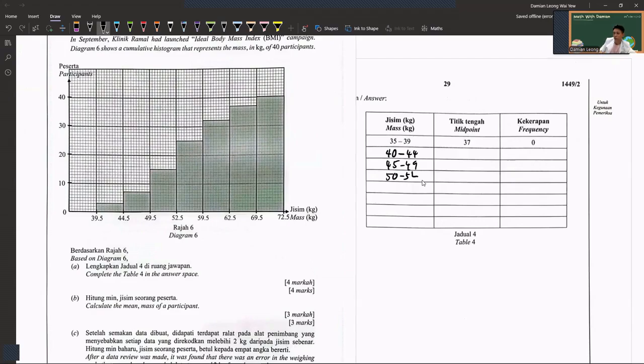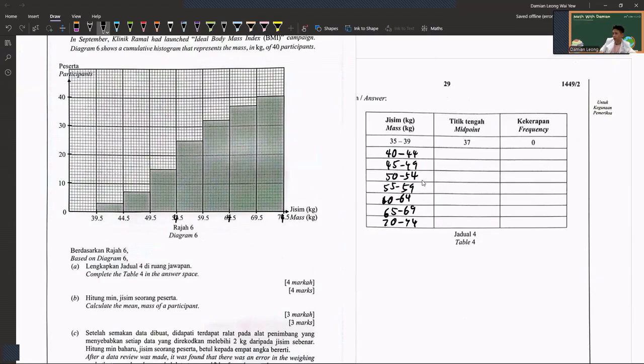This question has an error. By right, this should be 54.5. This also 64.5. It doesn't make sense that it's not. This also 74.5. It's a question problem. 55 to 59, 60 to 64, 65 to 69, 70 to 74.